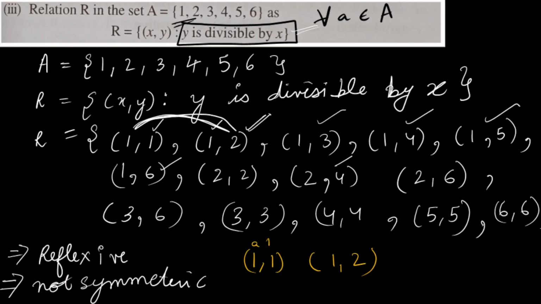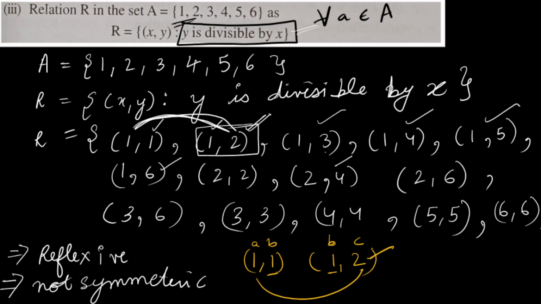This is like AB and this is like BC, because this is ending at 1 and this is starting at 1. So AC is 1 comma 2, and you can see it's present in the set. In a set we don't write elements 2 times, so repetition of elements we don't do. So it is satisfying.